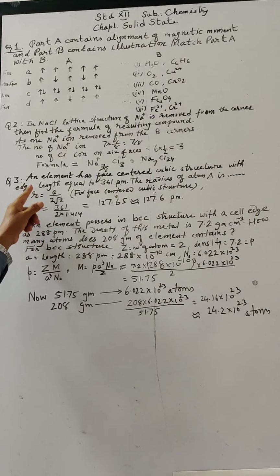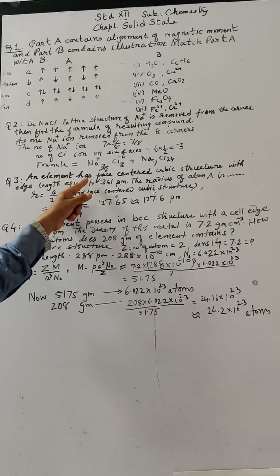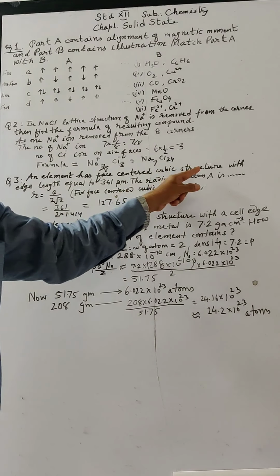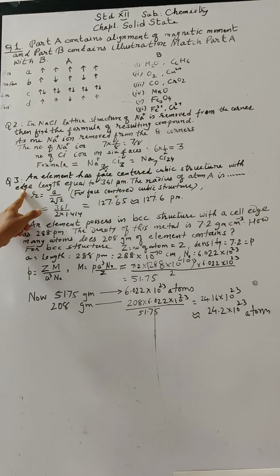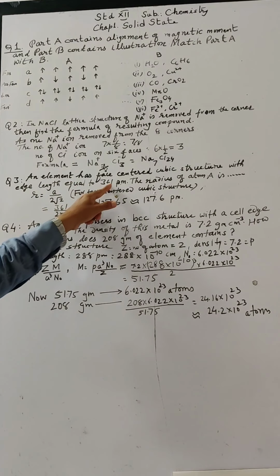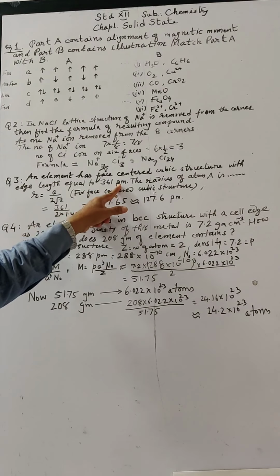Another numerical: an element has face-centered cubic structure with edge length equal to 361 picometer.